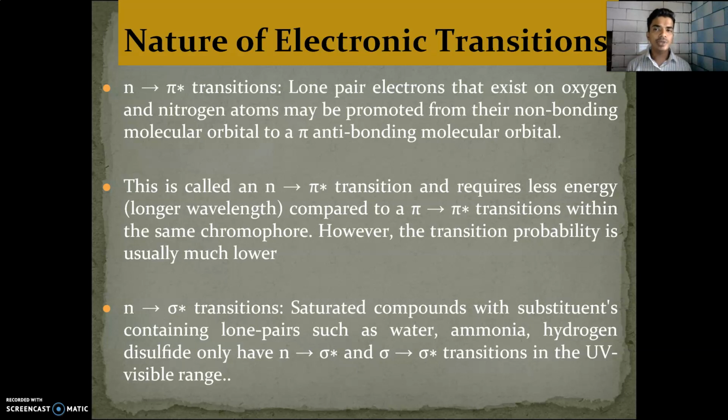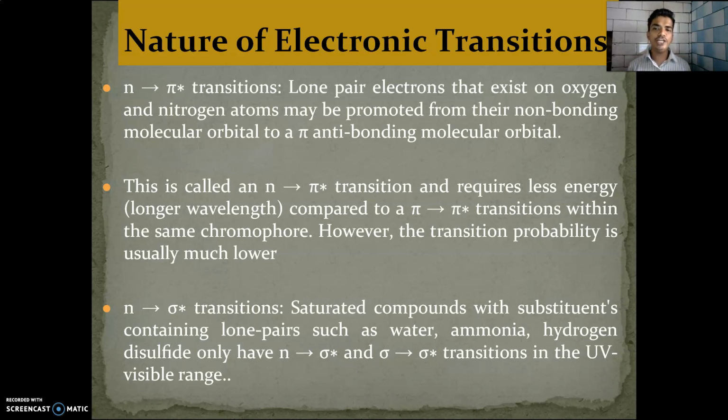So the n is indicated for the lone pair containing compound, and that is excited to the pi star anti-bonding orbital. This is called an n to pi star transition and it requires less energy, that is, longer wavelength. Less energy means longer wavelength, and high energy means shorter wavelength, compared with the pi to pi star transition within the same chromophore. However, the transition probability is usually much lower in this case, the n to pi star transition.